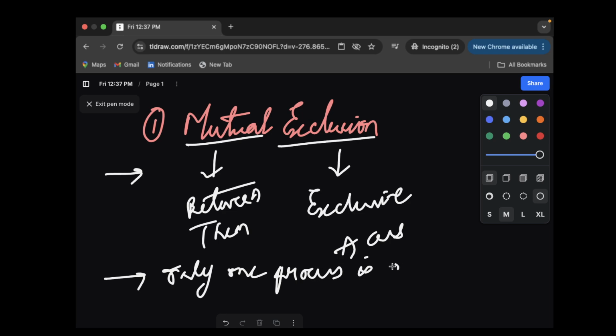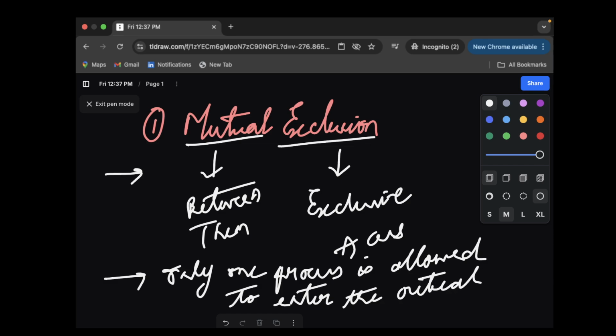Only one process is allowed to enter the critical section at a time, thereby providing this mutually exclusive principle.